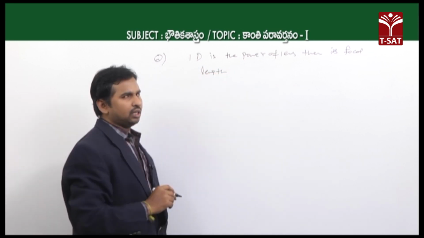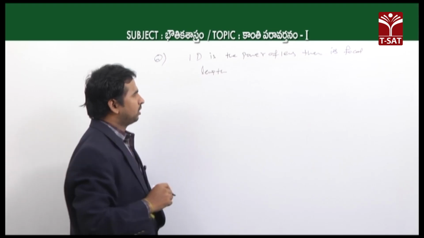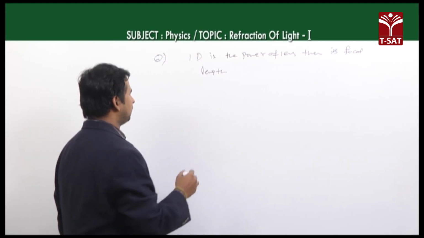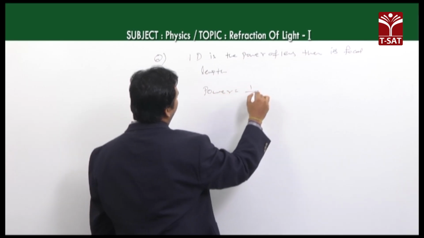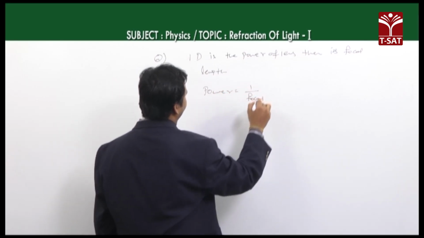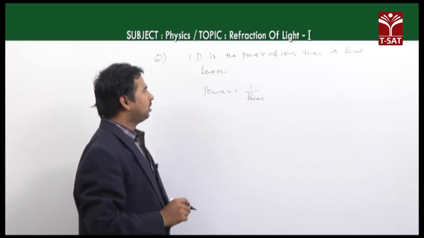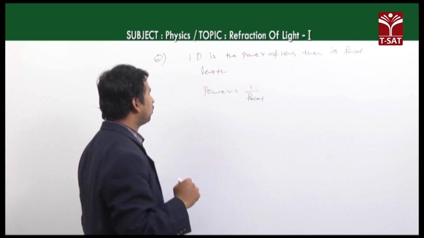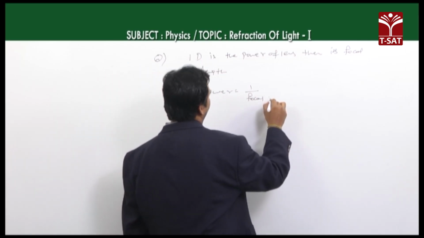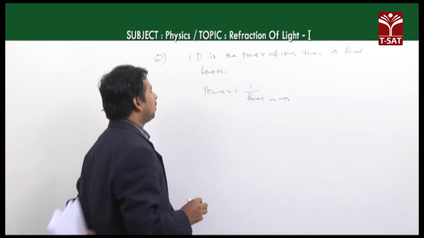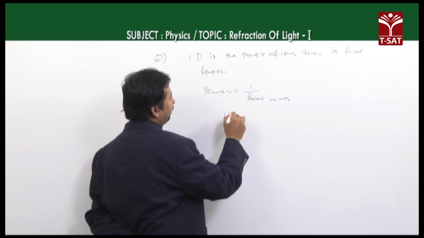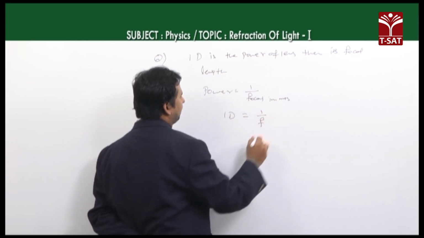It is given 1 diopter as the power of the lens. So we know that power is equal to 1 by focal length, where the focal length is taken in meters. Then power is 1D, which is 1 by F.